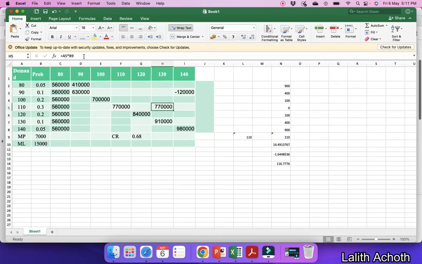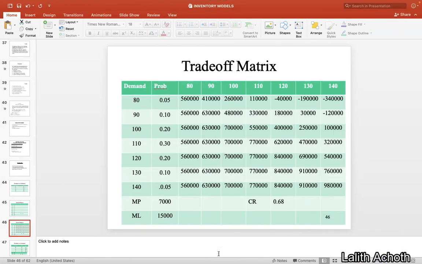But he will lose on 130 minus 110, which is about 20 units. He will lose about 15,000 rupees, and his net revenue will be only 4,70,000. So this matrix gets populated in this fashion, and I will demonstrate it over here. So fill it up.